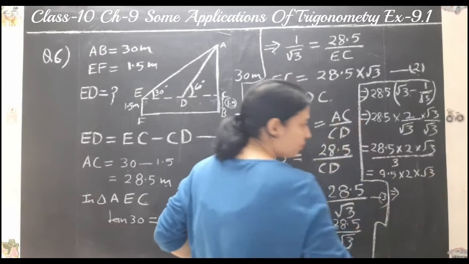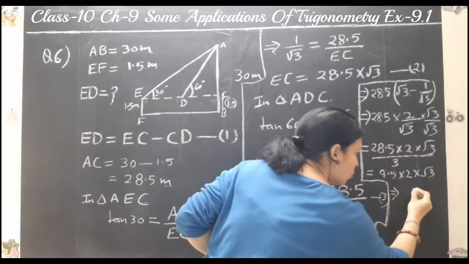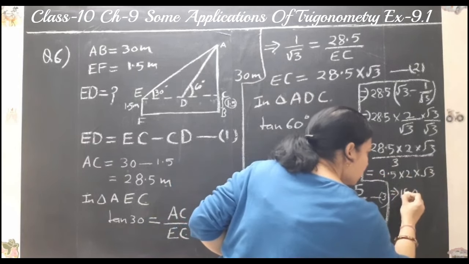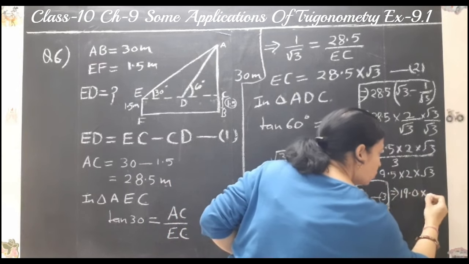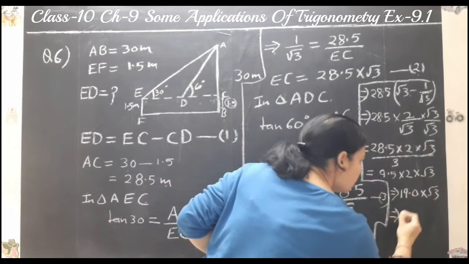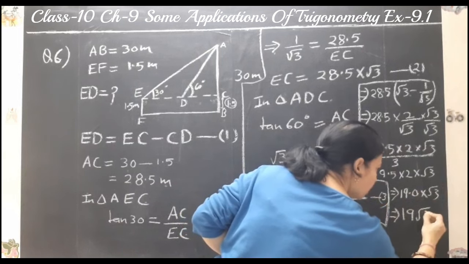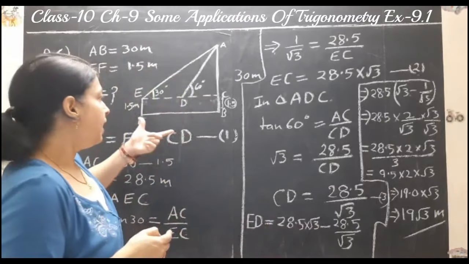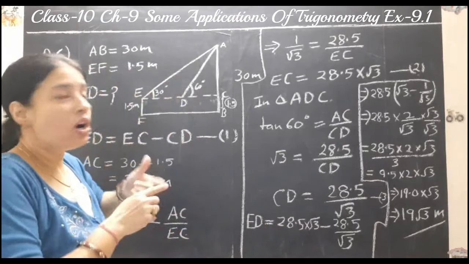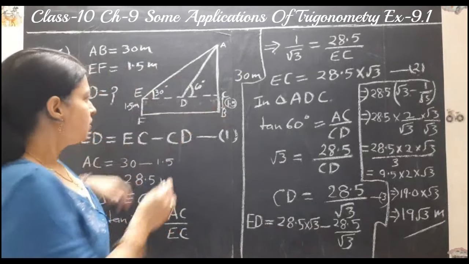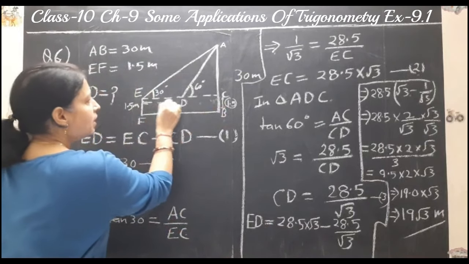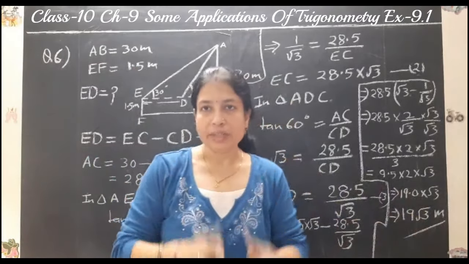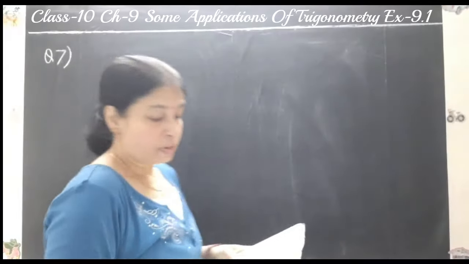Multiply here again. 5 2s are 10, 0. And 2 9s are 18 and 1, 19. 19 root 3. That means 19 root 3 meter. This will be the distance that this boy walked towards the tower. So your answer will be this ED, and ED is equal to 19 root 3 meter. This is your answer. Next, question number 7.